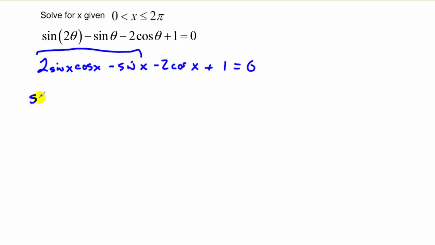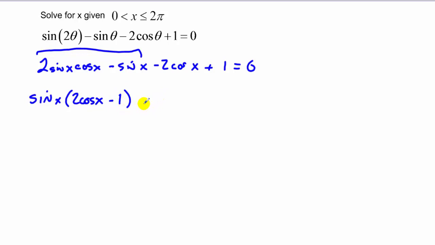So I'll pull out a sine of x, sine of x times 2 cosine of x minus 1.